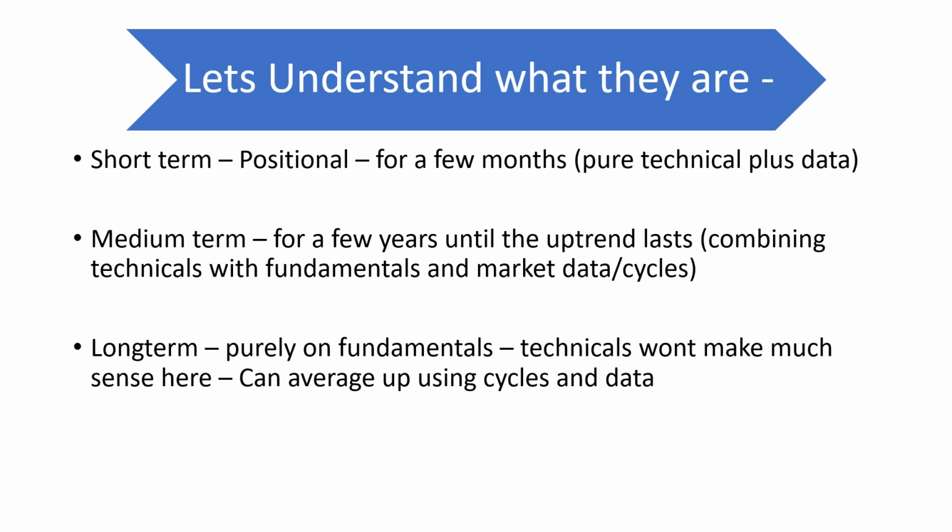So first, let's understand what exactly they are. When you take a short-term positional trade, it is usually for a few weeks, a few months also. So it is purely on technicals. The fundamentals don't really matter there because you're not going to hold that stock more than a few weeks or months. It is purely technical, plus you can use the accumulation distribution data to know when to get in and also when to get out of these positional trades.